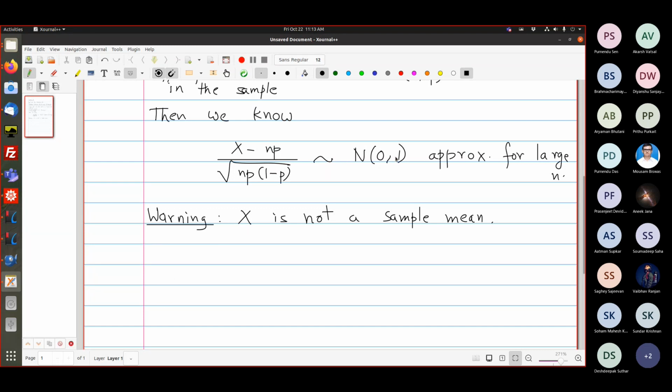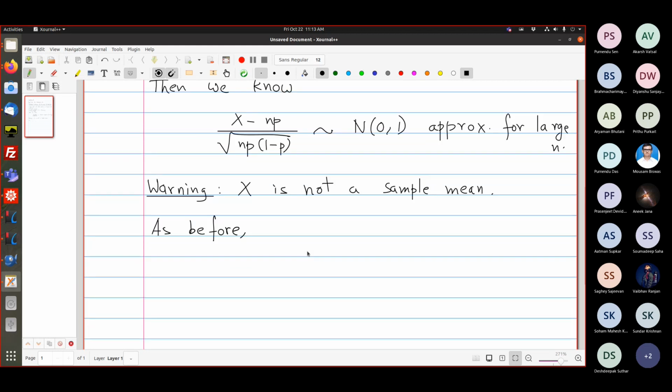So as before, because we know how to get confidence intervals from normal random variables, the probability of minus z alpha by 2 less than (X minus np) divided by the square root of np(1 minus p) less than z alpha by 2 is 1 minus alpha. Well, now I have to be careful.